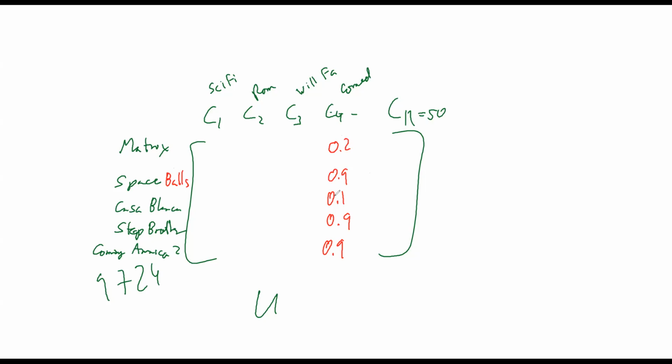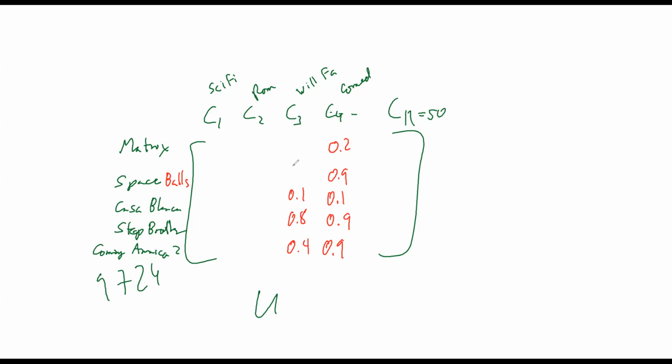This is intuitively what we can think of, though these won't be the actual values. And that's why I want to point out that it's similar to KNN. Now, Coming to America and Will Ferrell, well, it's not exactly Will Ferrell, but it might be the style of comedy he has. So let's say 0.4. Step Brothers is Will Ferrell, so 0.8. Casablanca, definitely not.